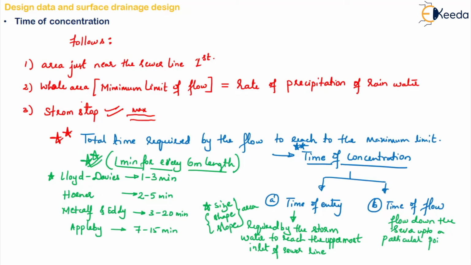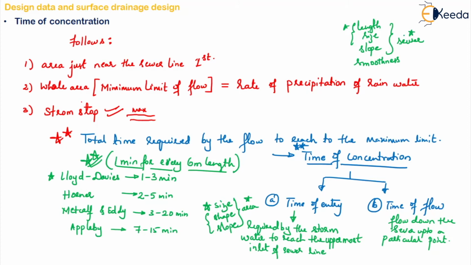So again, this depends upon the length, size, slope, and smoothness of the sewer. So for the time of entry it is the area, and for the time of flow it is the sewer, right?